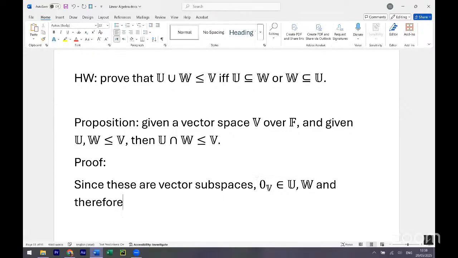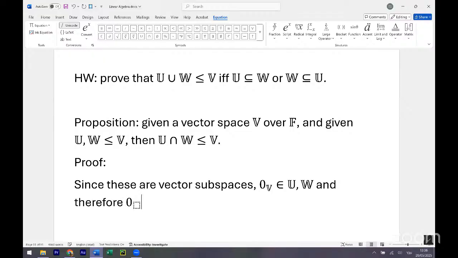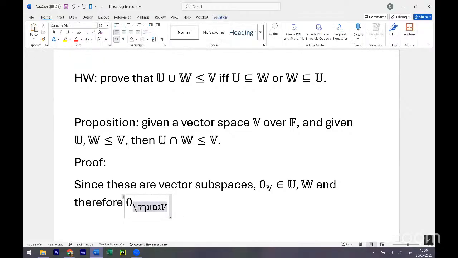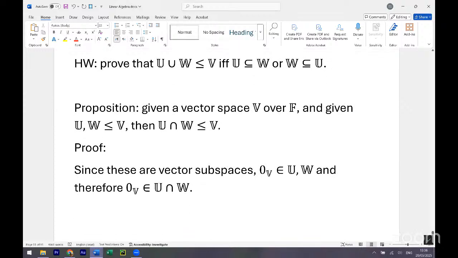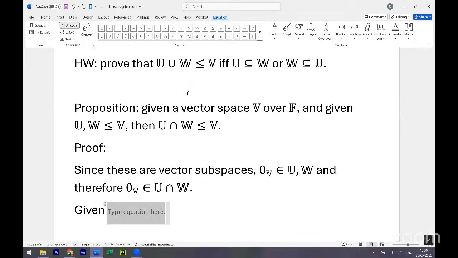Therefore, the zero vector is contained within the intersection. What's next? Arbitrary vectors. Given v1 and v2, two arbitrary vectors of the intersection.